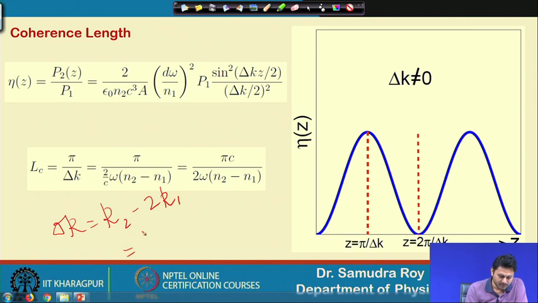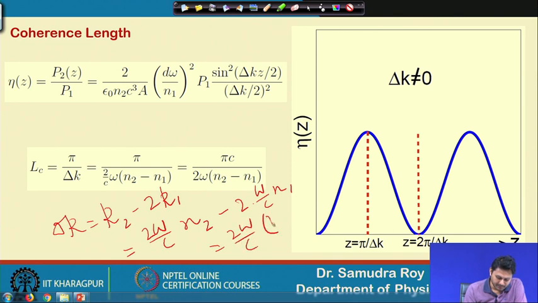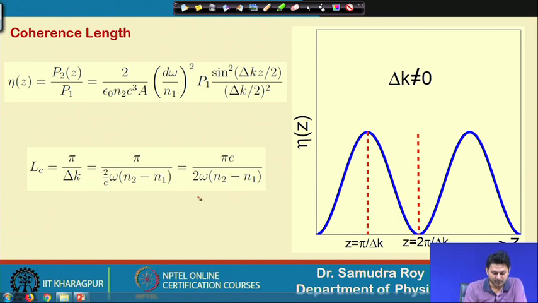K2 is 2 omega by c times n2, minus 2 omega by c times n1. If I take 2 omega by c common, then we have n2 minus n1. When we put this term in and simplify, the coherence length is pi c divided by omega times n2 minus n1. So coherence length is important.